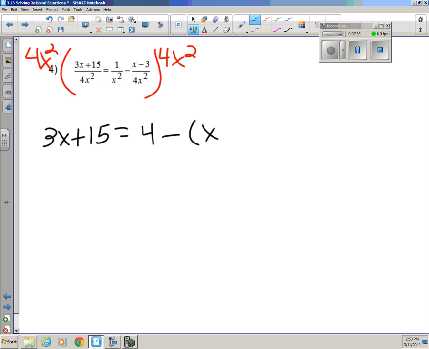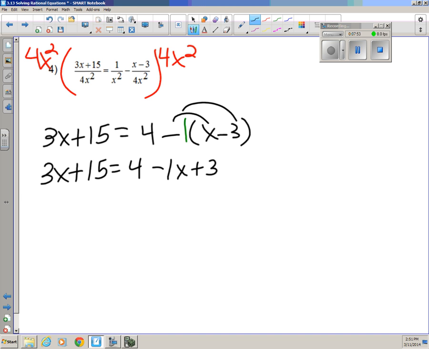But be careful here, right? That's a binomial up top, which essentially means you're going to have to think about distributing a -1 into that whole parentheses. So it becomes 3x plus 15 equals 4 minus 1x plus 3.